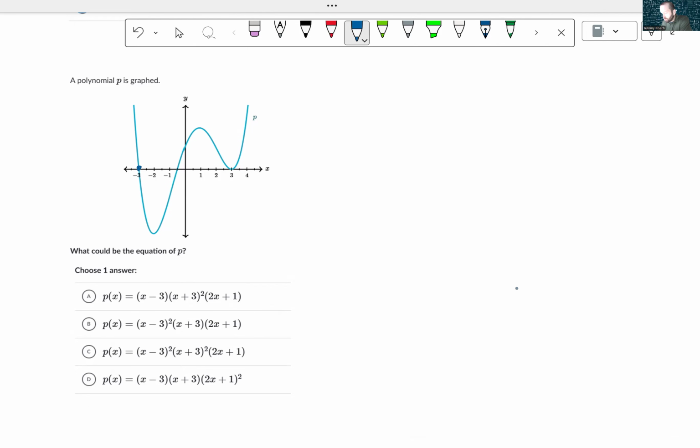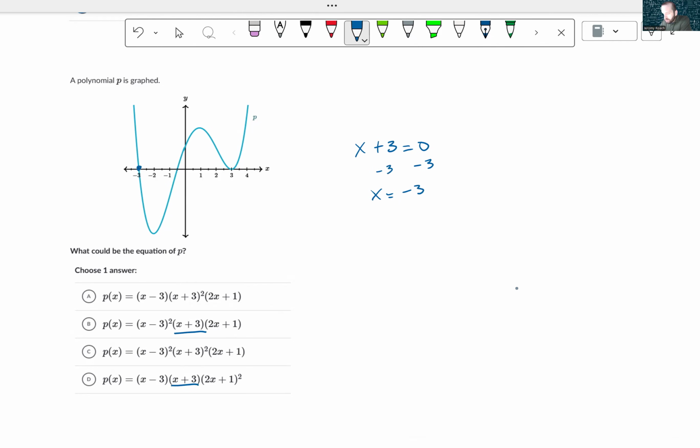That tells us right away we're looking for x plus 3 equals 0. Because if we subtract 3 on both sides, we get x equals -3. So we're looking for x plus 3 equals 0. It's going through the x-axis. It's not bouncing off.